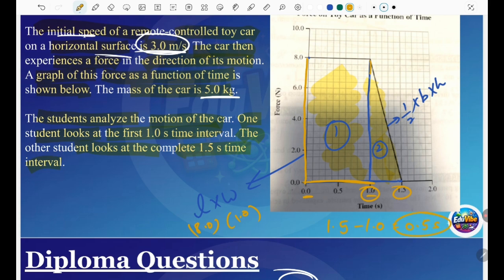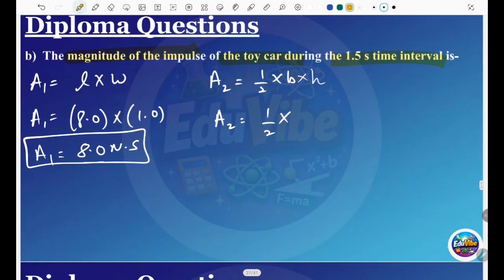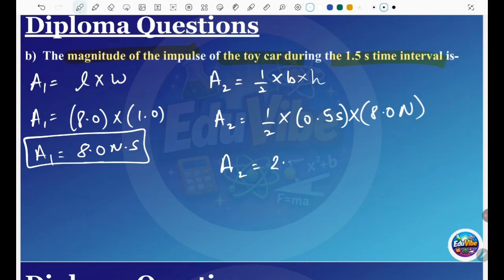The height is the same as the rectangle, which is 8.0 newtons. We get one half times 0.5 seconds multiplied by 8.0 newtons, which is about 2.0 newton seconds.